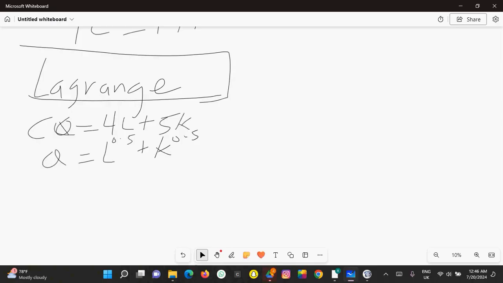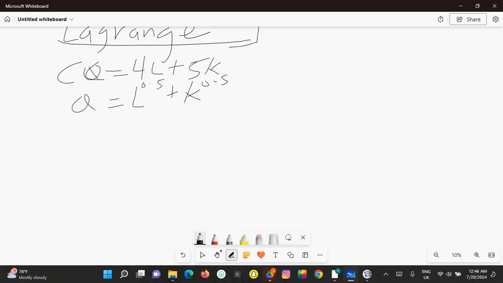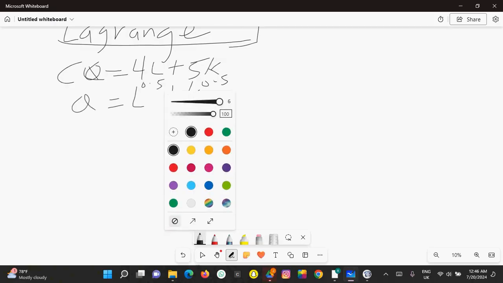Since we are producing 50 units, the production function now becomes our constraint. So now what you are going to do under Lagrange is define your objective function, then subject it to your constraint function. So what it's going to look like is like this, right?